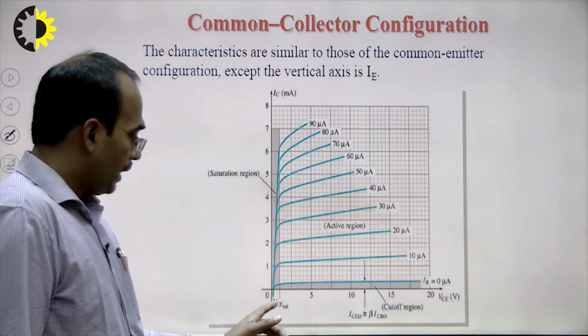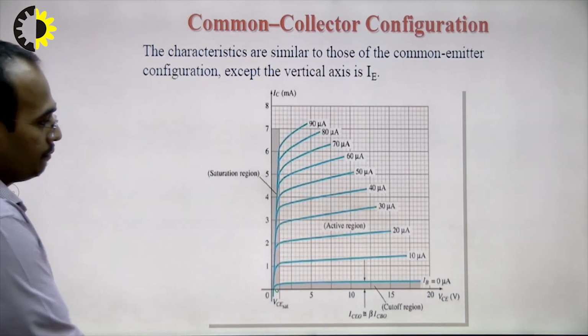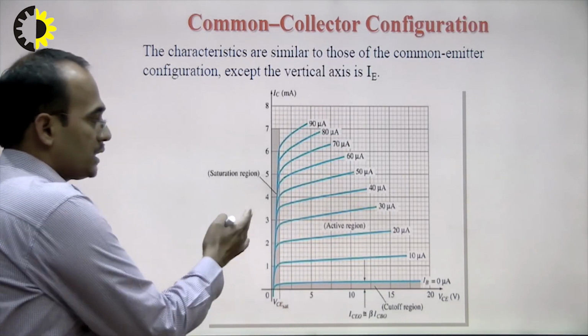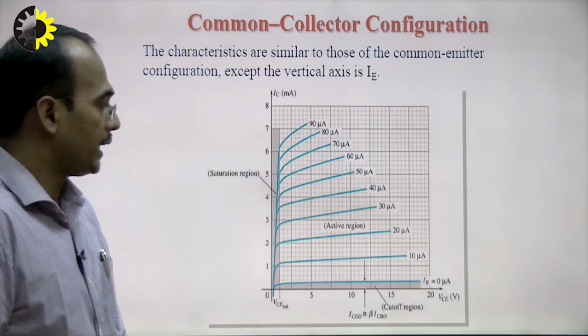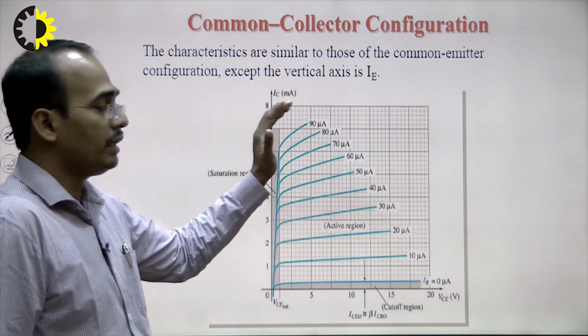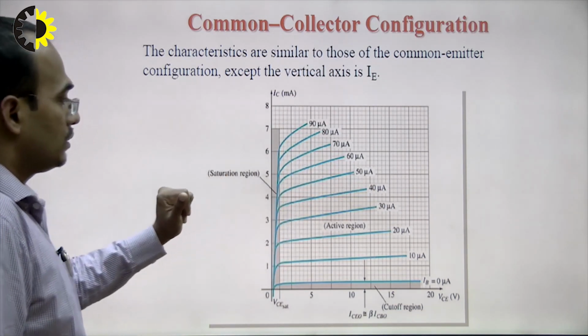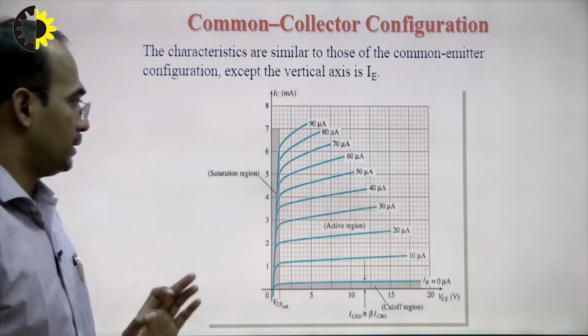Before this particular value of VCE, transistor will operate in saturation region, and as I increase the base current IB, the transistor will operate in active region and the collector current will increase. So in this way we can draw the output characteristic of the common collector configuration.